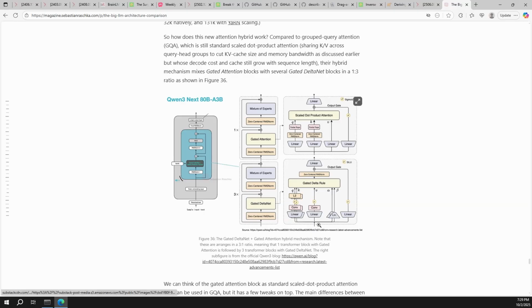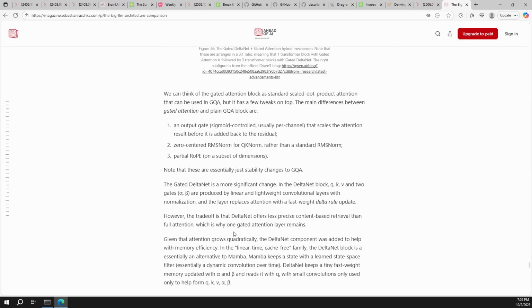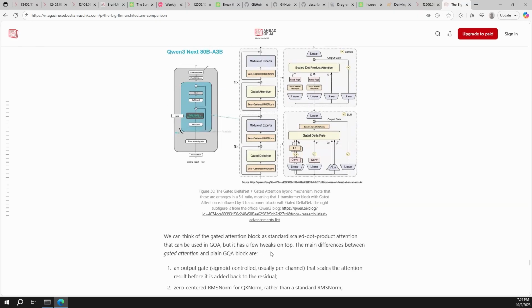I don't know exactly what it's doing, but Sebastian is pointing to all of these alternatives to full attention. Mamba, any other linear attention, what they're trying to avoid is having a full KV cache of every token that ever came before, and then doing an expensive quadratic calculation on the full length of that.